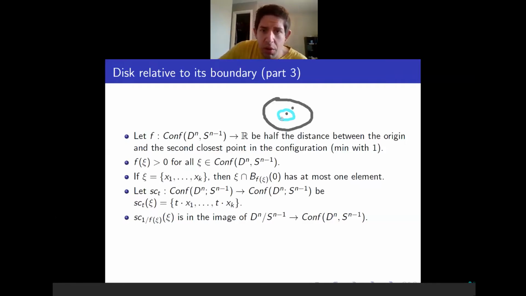So when you're scaling, you're making the blue circle the gray circle, and this point scales out of the disk. So I guess the convention is that you just get rid of that point, and then you're scaling this point a little bit. So we're interpreting it so that if t times your configuration is outside of your disk, you just get rid of that point.